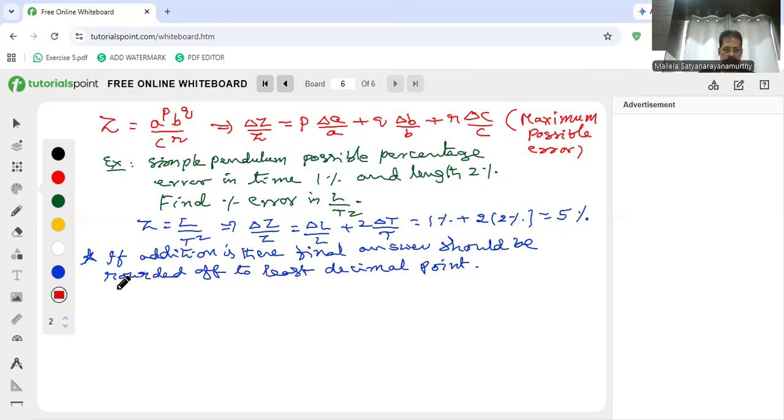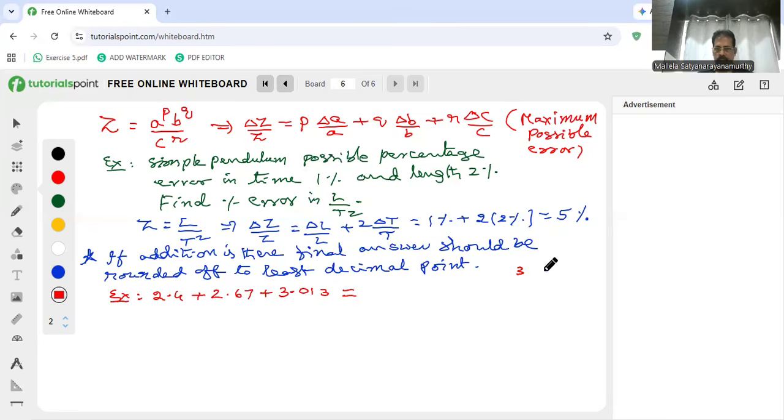See, I will take one example. So this is 2.4 plus 2.67 plus 3.013, like that they give. So what is the final answer here actually?